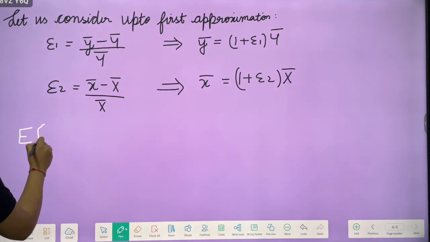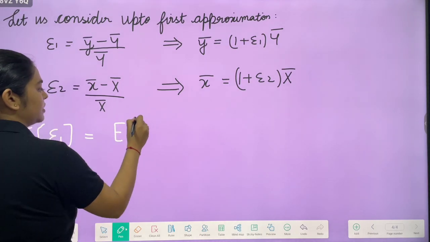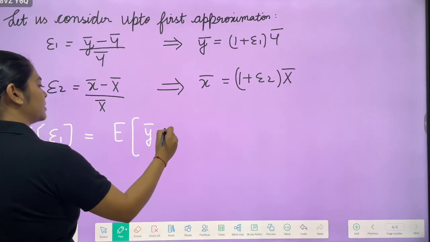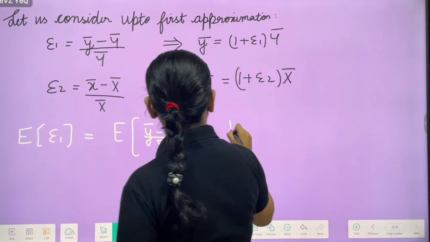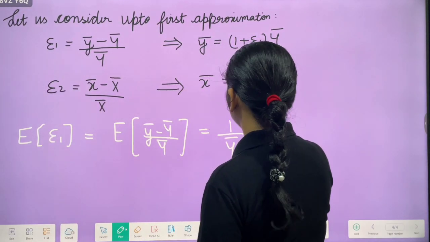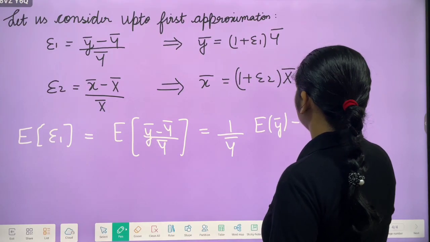Estimation of epsilon 1 is nothing but estimation of y bar minus capital Y bar upon capital Y bar. This will be 1 upon capital Y bar, estimation of y bar minus capital Y bar.